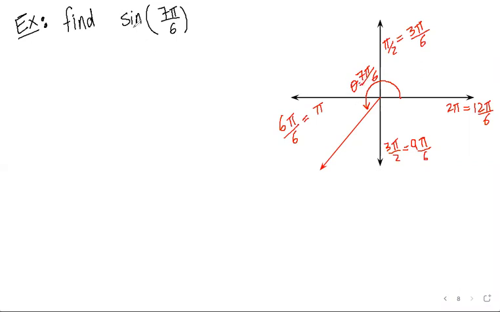First of all, because we have to know the sign, we need two things. Number one is the sign. Second, we need the reference angle. So what is the sign for the sine function in the third quadrant?